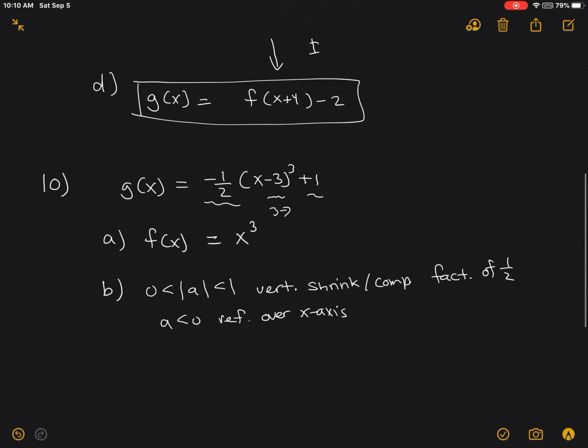And then 3 units to the right, 1 unit down. Or sorry, 1 unit up, I should say. Okay, so 3 units to the right, 1 unit up.